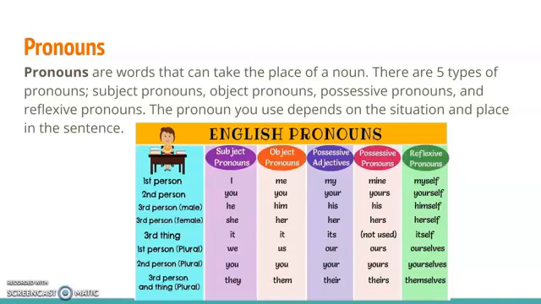Possessive pronouns: mine, yours, his, hers. Or reflexive pronouns: myself, yourself, himself. And we will look at these different ones more in depth in just a couple of seconds. But again, when you use these is going to depend on the situation and the place in the sentence. So this is important to remember.